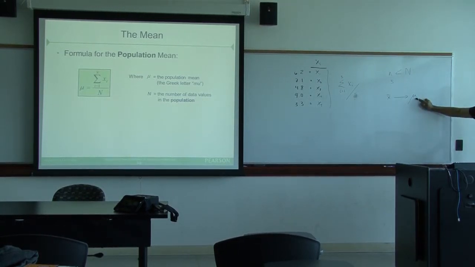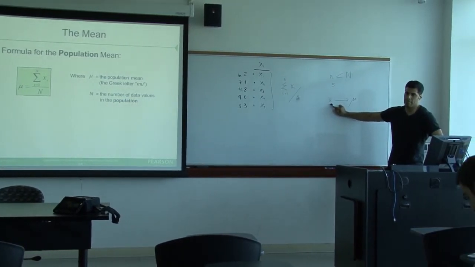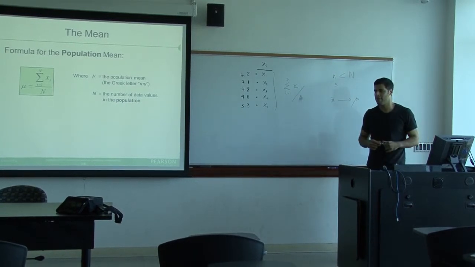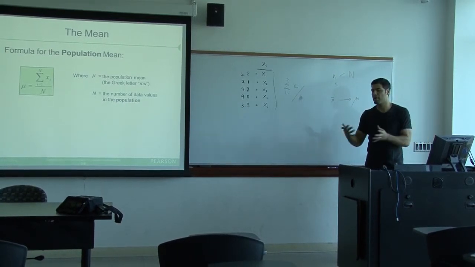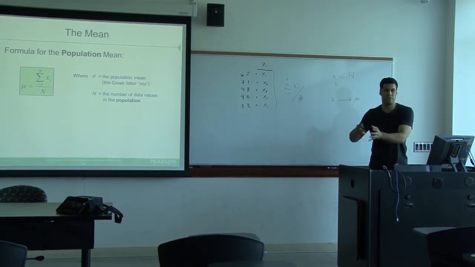X bar is going to be an estimate of that 40,000, because it's going to come from a subset of, let's say, 2,000 people. So when you survey 2,000 people and you get the average of that small group, you most likely will not get exactly 40,000. Maybe you get less than 40,000, or you get more than 40,000 as your average. But that's only an estimate of the actual average.